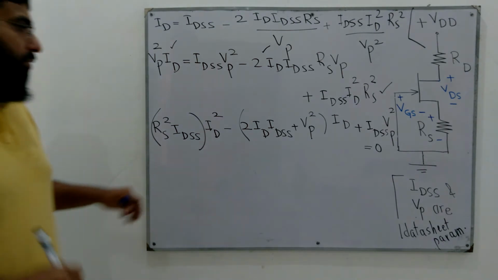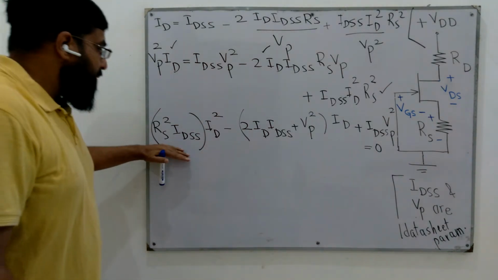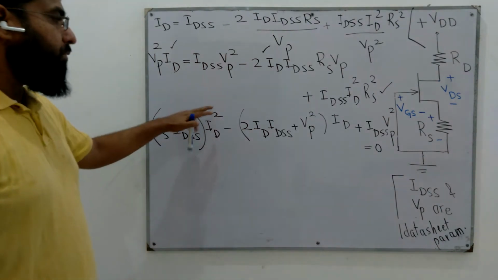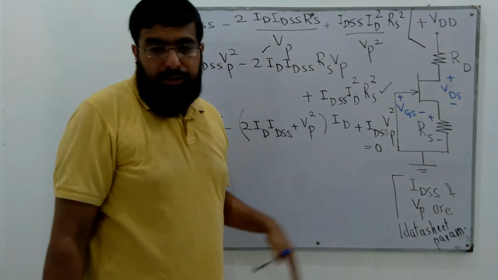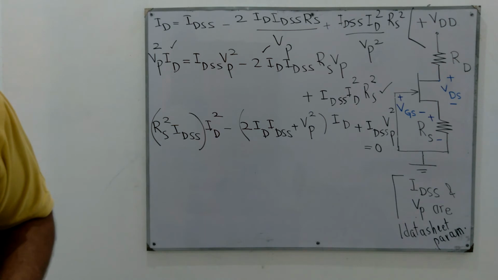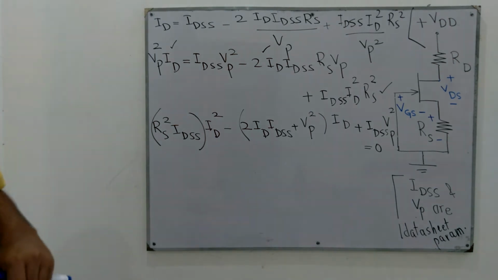So now we have this quadratic equation. This is the coefficient for ID squared, this is the coefficient for ID, and this is the constant term. Let me check it in my notes.